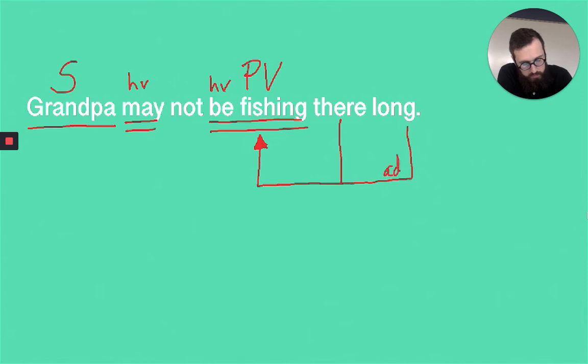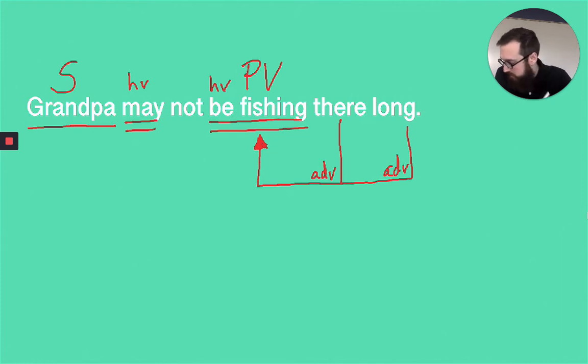So I forgot to put ADV and then ADV because these two are going to the same verb. There and long are modifying the same verb. I can attach the two. Whereas if there was modifying a different verb, then I wouldn't be allowed to match them.